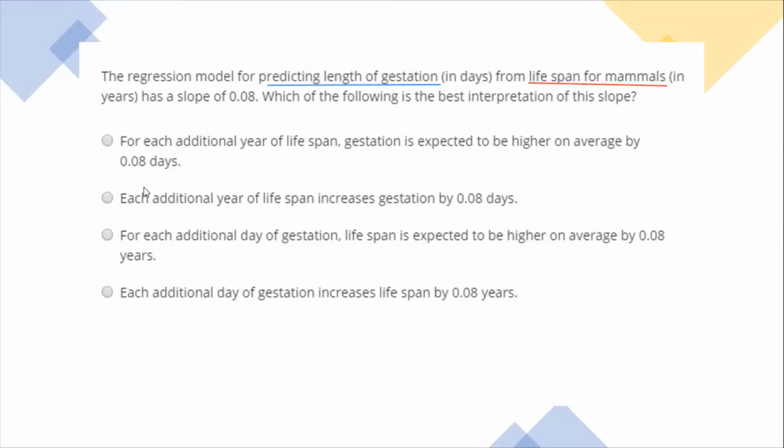So what is the difference? The difference is association versus causation. In this statement, we only say that gestation is expected to be higher. Here, it says that each additional year of lifespan increases, so it says it caused the gestation. But by association or by the slope, we cannot say anything about causation.